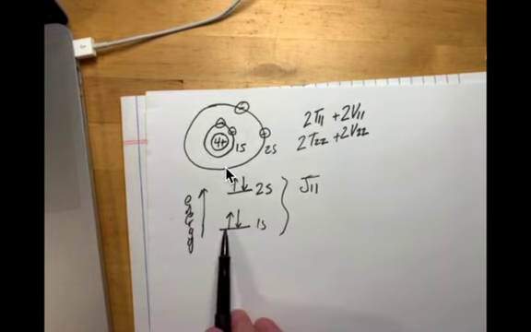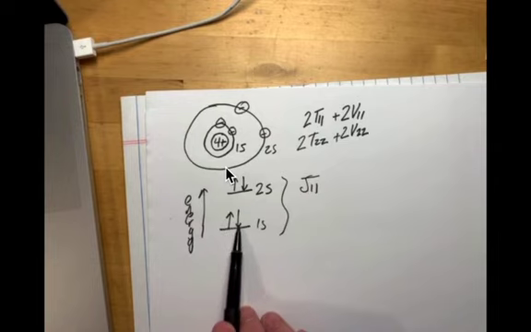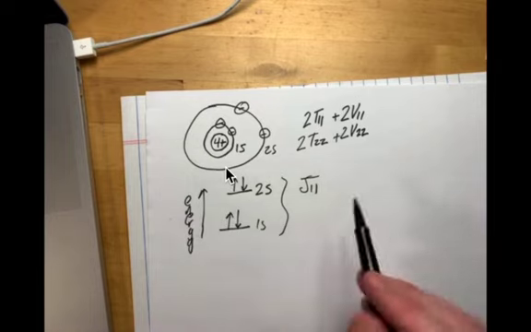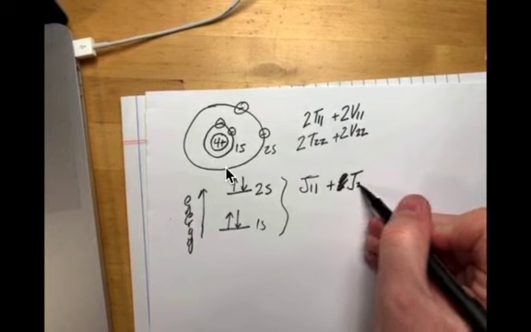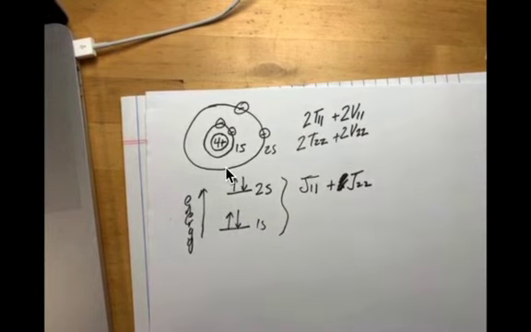J11, so it's a repulsion between this electron and that electron. So just like what we saw in helium, these two guys repel each other. Similar thing happens up top, J22, so this electron repels that electron. And then we got a few more.